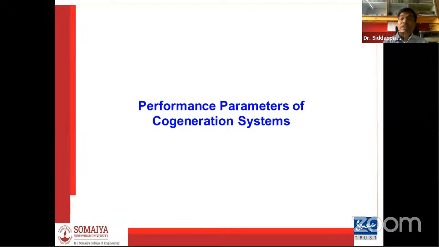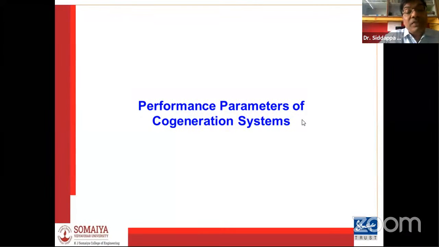If you go to a steam power plant, we have the efficiency of the boiler, the efficiency of the condenser, and the efficiency of the steam turbine. Then we will discuss how the steam turbine is impacted if the condenser pressure changes, or the condensate back pressure effect on that.